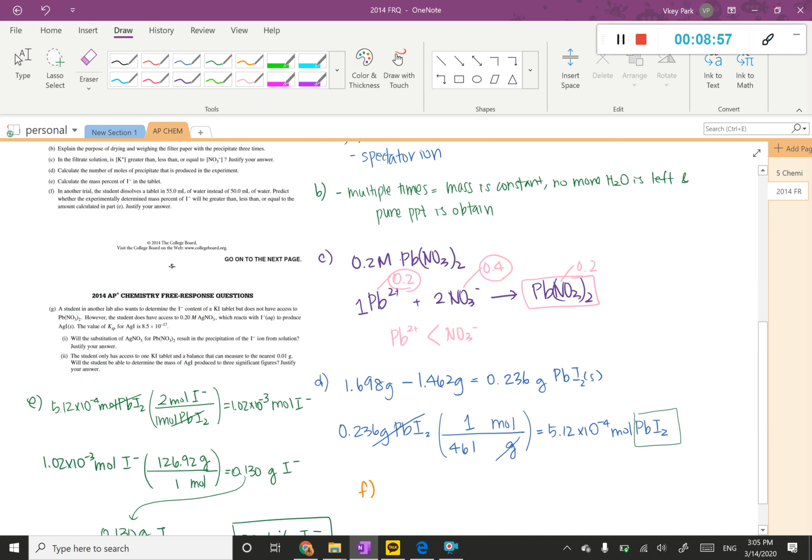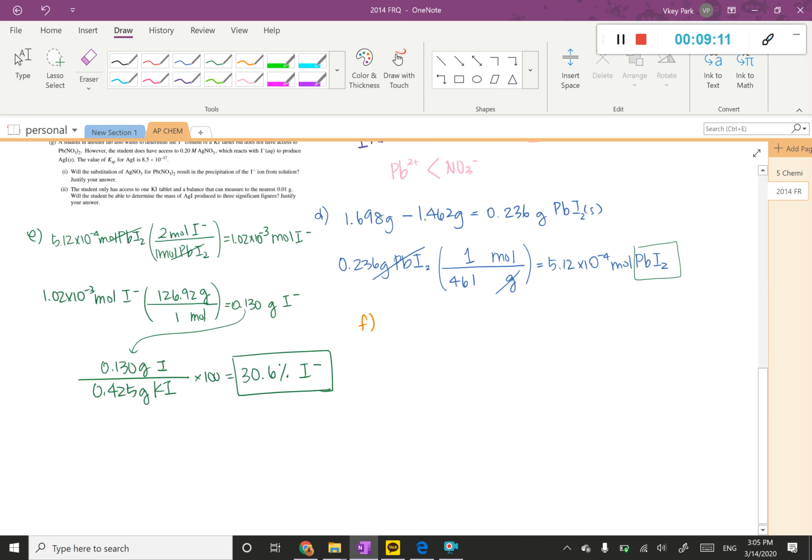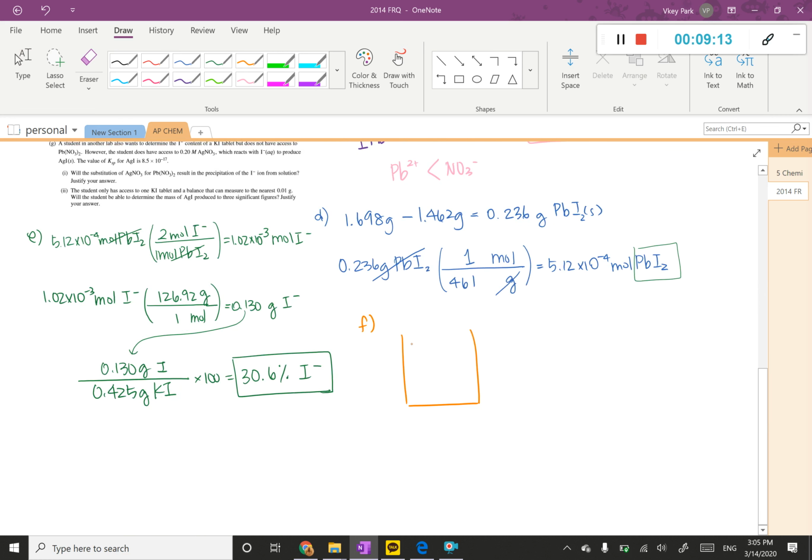F says, in another trial, the student dissolves a tablet in 55 milliliters of water instead of 50 milliliters of water. Predict whether the experimentally determined mass percent of I minus will be greater than, less than, or equal to. So imagine you put 50 milliliters of H2O and you put in 1 tablet, but you can also put in 55 milliliters of water and the same tablet.